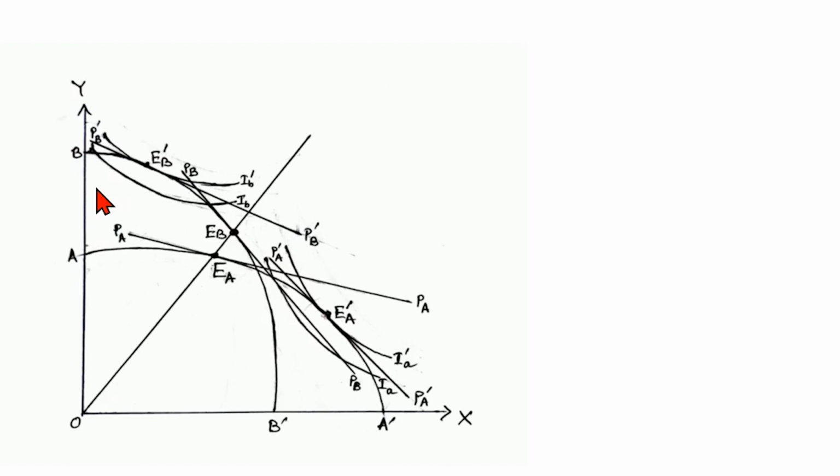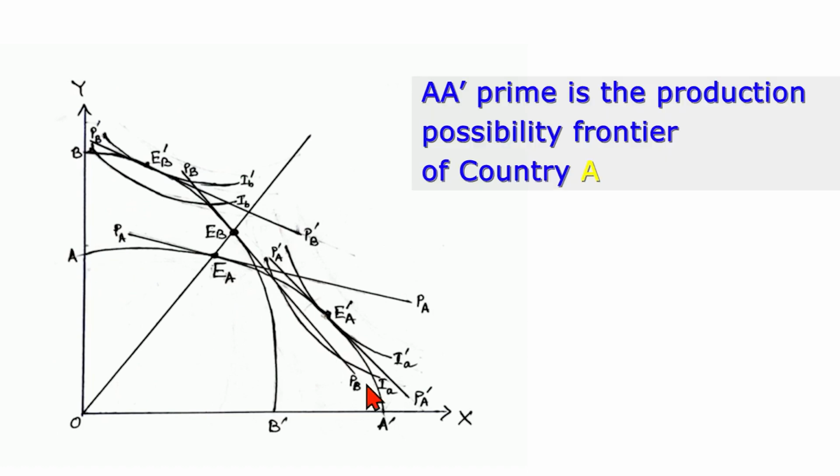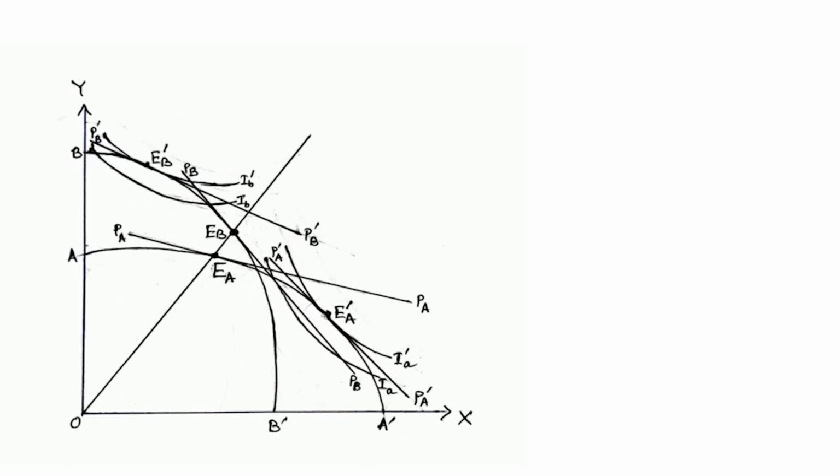Let us consider this diagram. Here we have drawn two production possibility frontiers. AA prime is the production possibility frontier of country A and BB prime is the production possibility frontier of country B. Now here we see that the production possibility frontier or PPF of country A is tilted towards the x-axis.